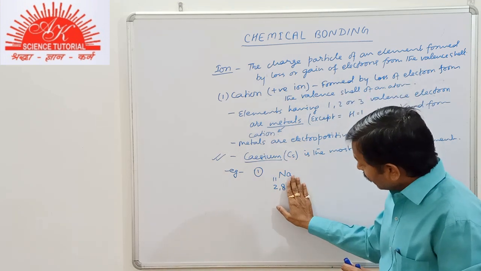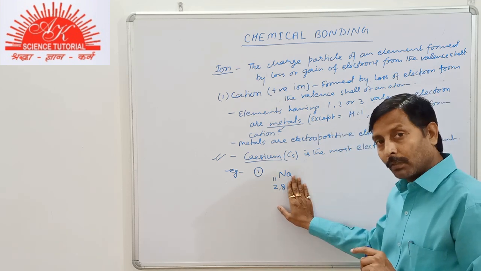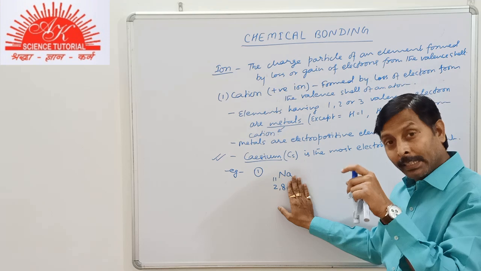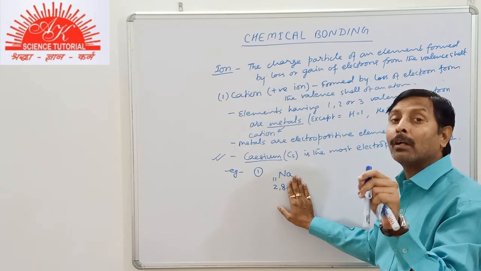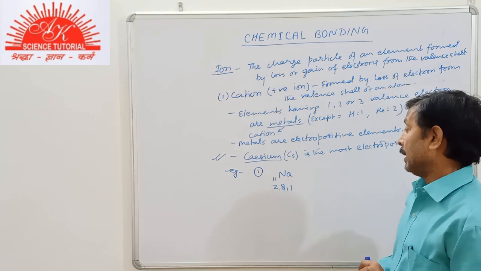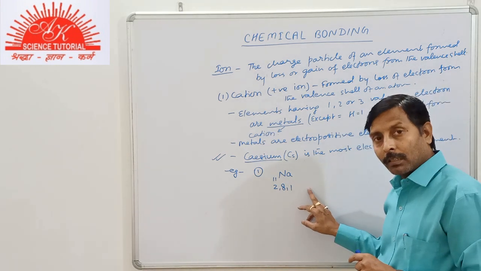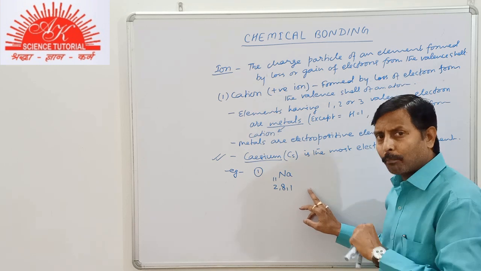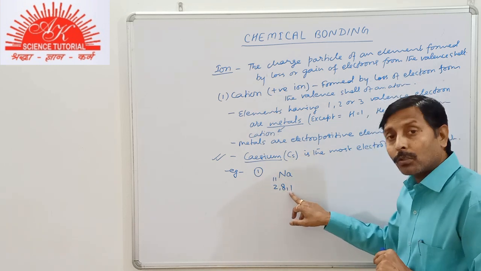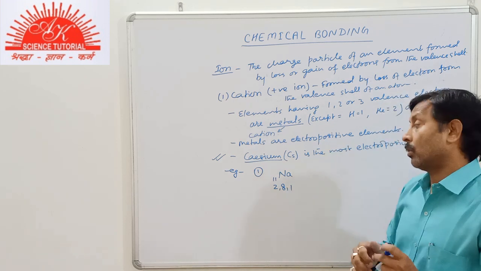If it loses 1 electron, the last shell will have 8 electrons. It will be stable, similar to the nearest inert gas, neon, having atomic number 10. Next, it can gain 7 electrons to become stable. But it is easier to lose 1 electron than to gain 7 electrons.